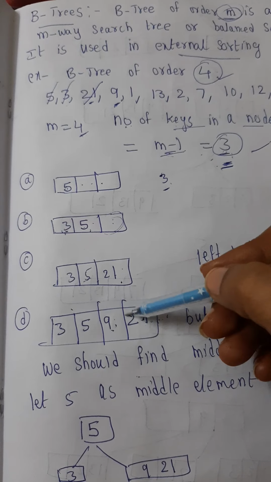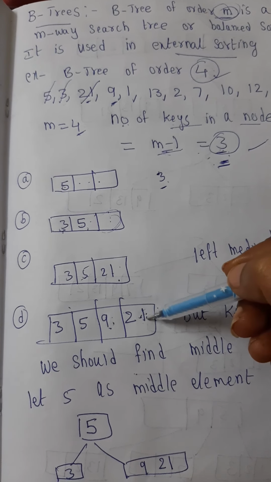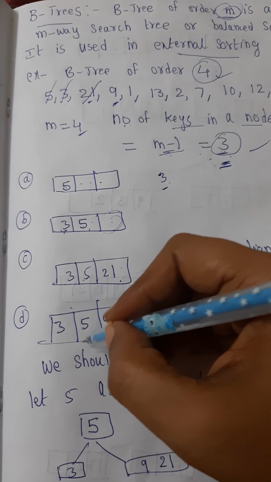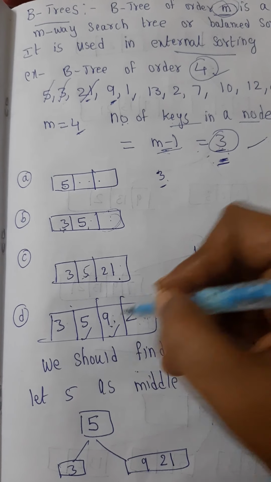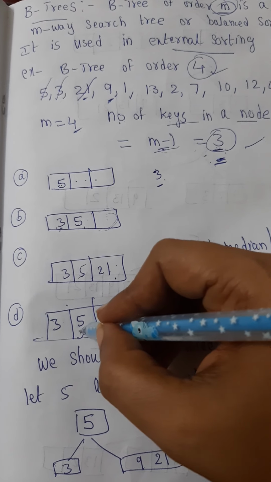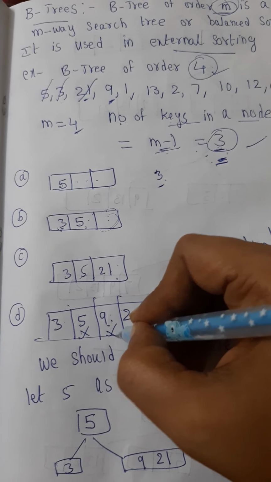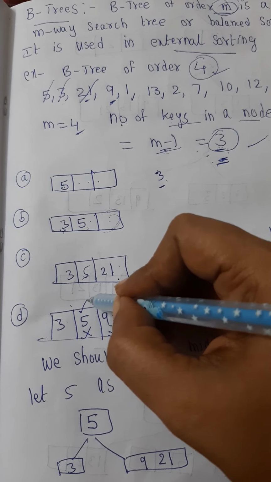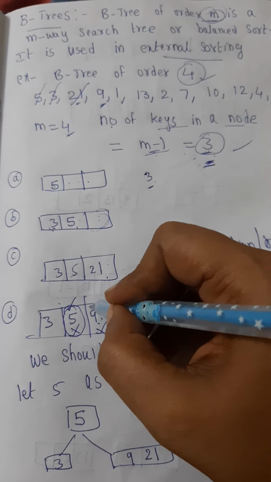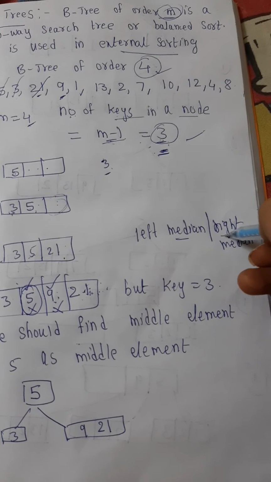So 1, 2, 3, 4, it is an even number. If it is an even number, you might get 5 as the middle element, or you may get 9 as the middle element. So you may select 5 or you may select 9. If you select 5, this becomes the left median. If you select 9, that becomes the right median.